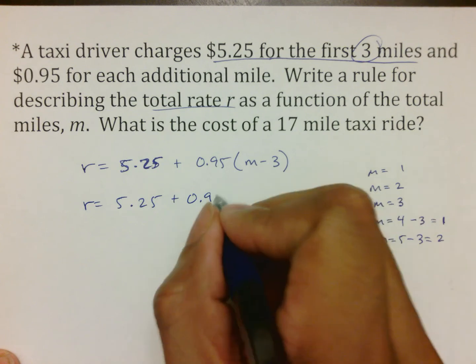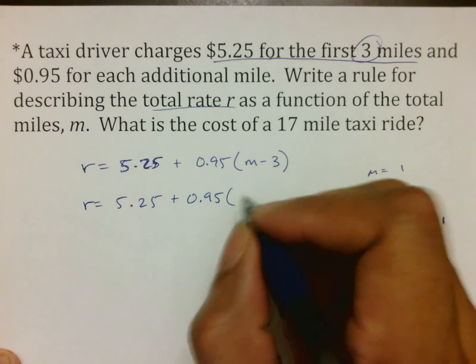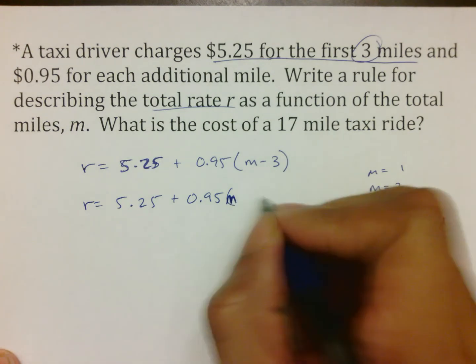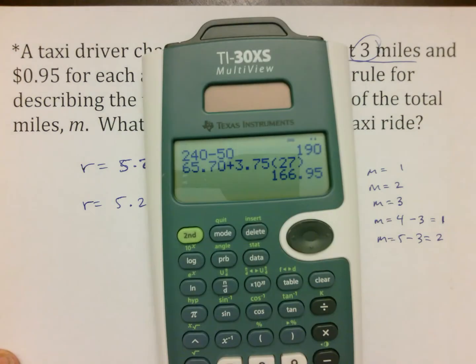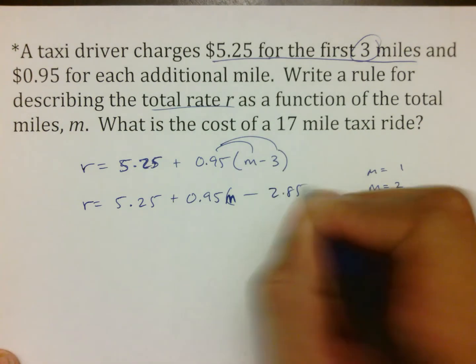It wouldn't work on your test either, because they want everything simplified. I think I wrote that wrong. It'll be 0.95 M minus, because we're going to distribute here, 0.95 times 3, which is 2.85. So minus 2.85.